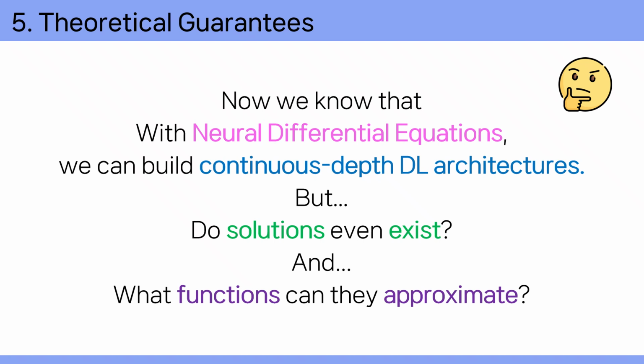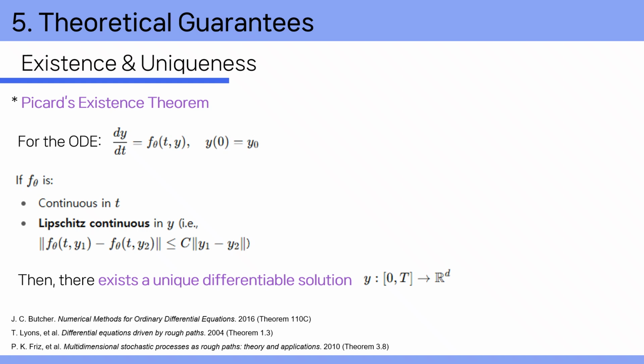Now we know that with neural differential equations we can build continuous depth deep learning architectures. But you might wonder, do solutions to these equations actually exist? And from a practical standpoint, what kinds of functions can these models approximate? Without loss of generality, neural networks are usually built as compositions of Lipschitz functions.